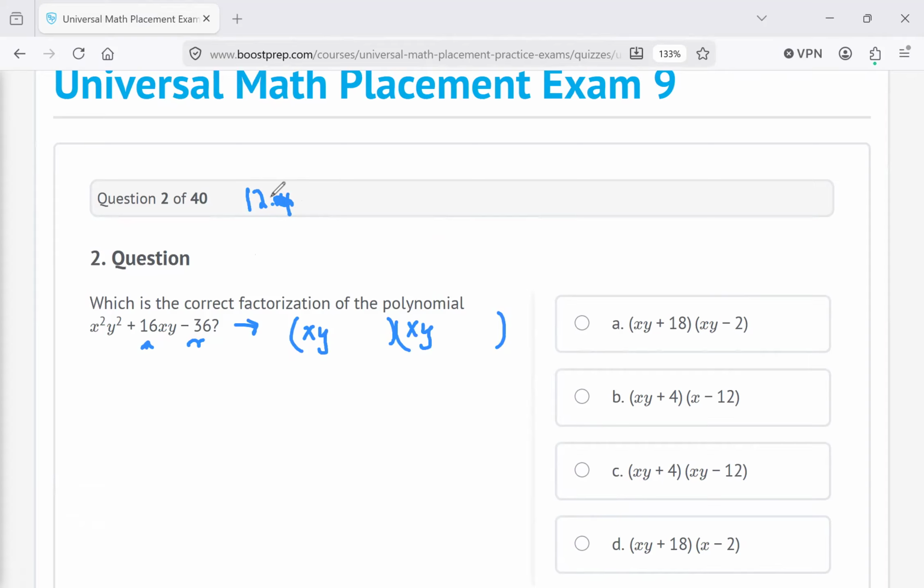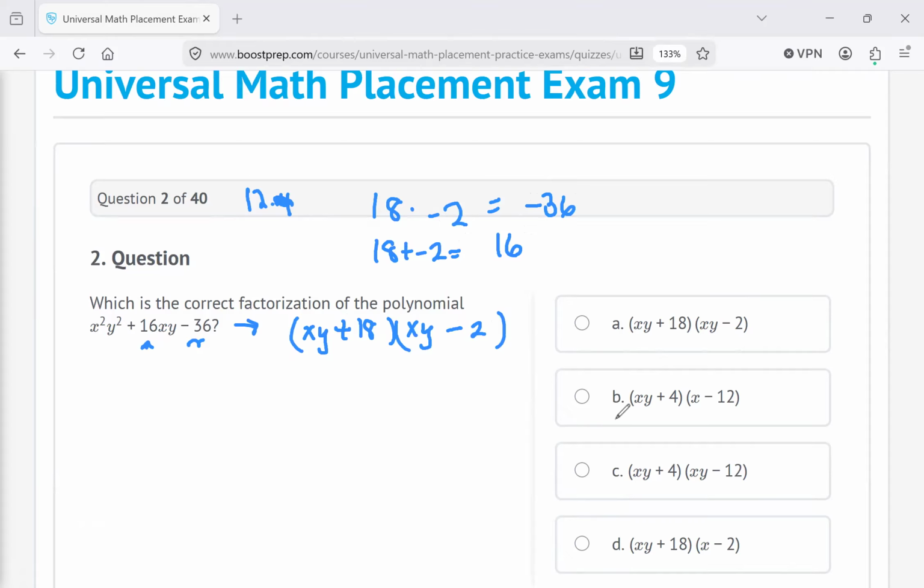It would be 18 and 2. There we go. 18 and 2, and I want a -36, and when added I want a positive 16. So I'll use -2, because 18 times -2 is -36, and 18 plus -2 is positive 16. So it's going to be positive 18 and minus 2.